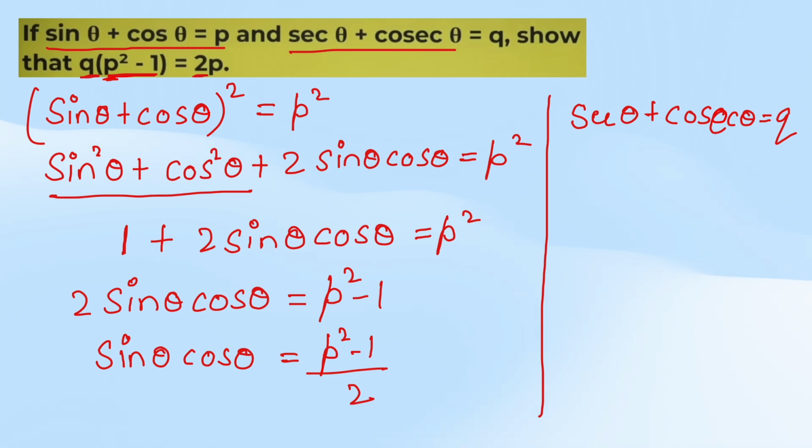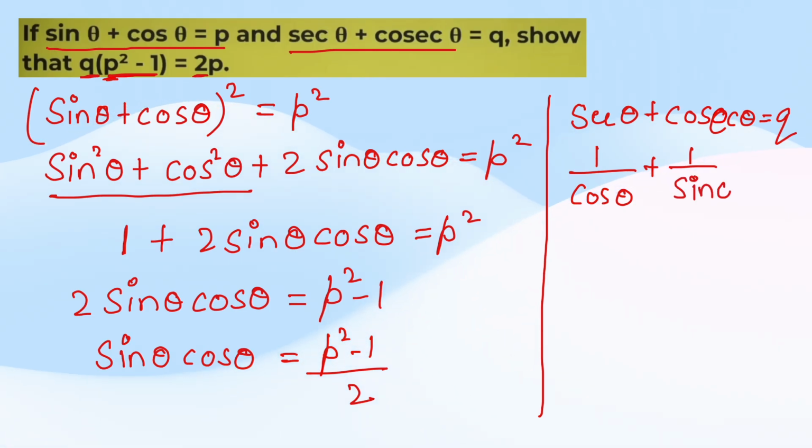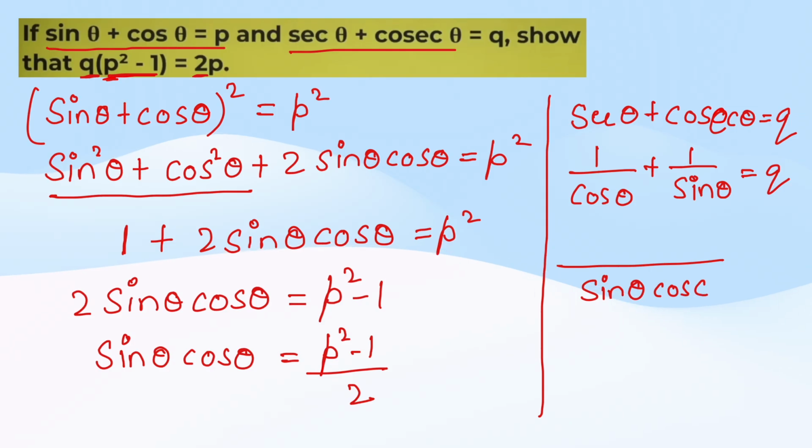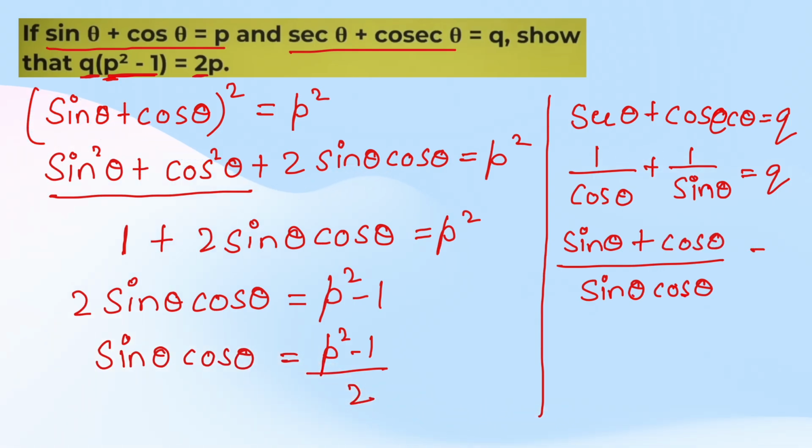So convert them to sine and cos: 1 by cos theta plus 1 by sine theta equals q. If I take the LCM, it will be sine theta cos theta. Cos and cos is already there, so sine theta plus cos theta equals q.